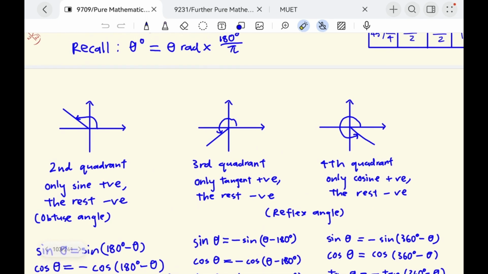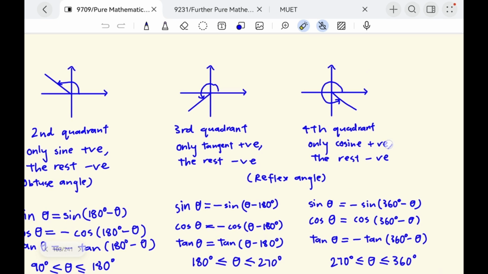This angle that stretches from the positive x-axis, greater than 180 degrees, we note as a reflex angle, where the acute angle that inscribes inside the reflex angle is the reference angle. The reference angle must be an acute angle.